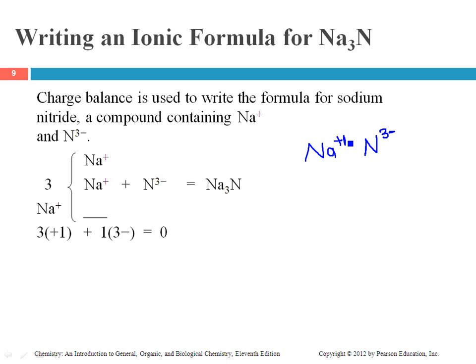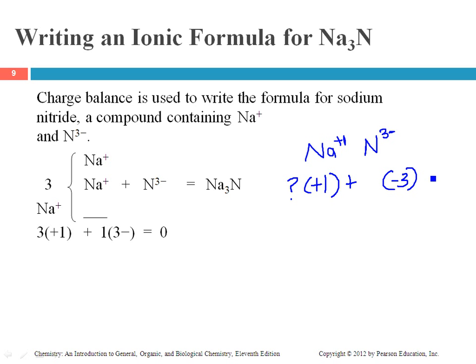Okay, so now we want to look at what our formula is going to look like. What are our subscripts? We have 1 sodium, represented here, with a +1 charge. We're trying to find this here. And we have a -3 ionic charge for nitrogen.